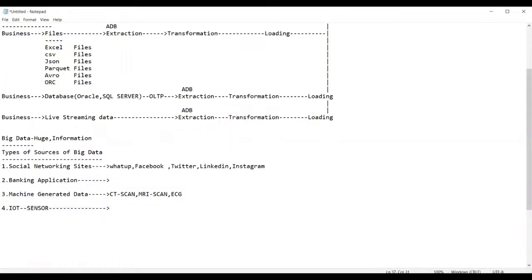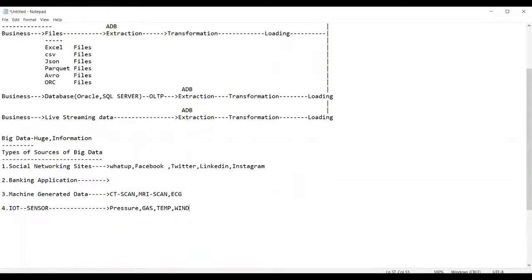These sensors basically measure pressure, gas pressure, and even the temperature, and even the wind. All these are the sensors which basically measure.